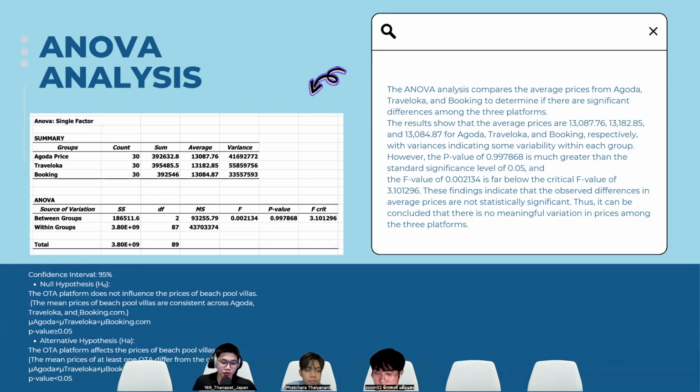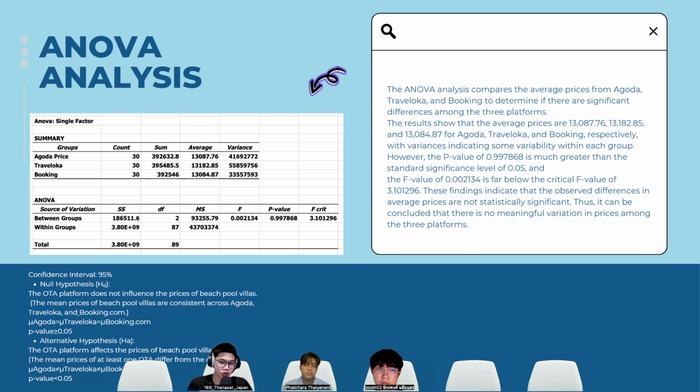And the result of our ANOVA: the analysis compares the average prices from Agoda, Traveloka, and Booking.com to determine if there are significant differences among the three platforms.